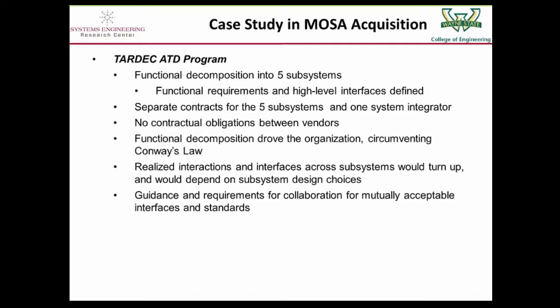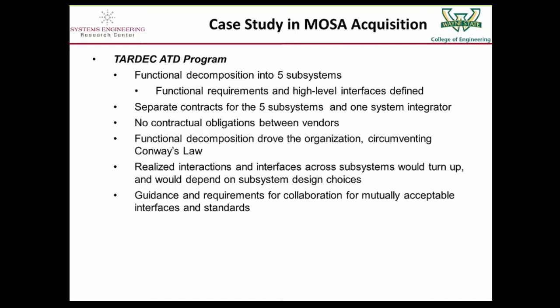They also, in doing this, realized that there were going to be dependencies, interactions, and interfaces across the subsystems that could not be anticipated at the beginning, because some of these would depend on how those subsystems were developed and what it took to integrate them within a system.